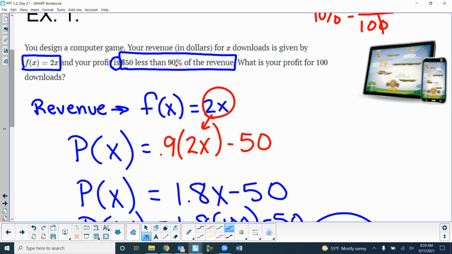What if it was 2%? What do you put in for the decimal? 0.02, right? 20% is 0.2. And then substitute in the revenue with that, and add or subtract whatever they tell you to figure it out. All right? So you guys try this one, please.